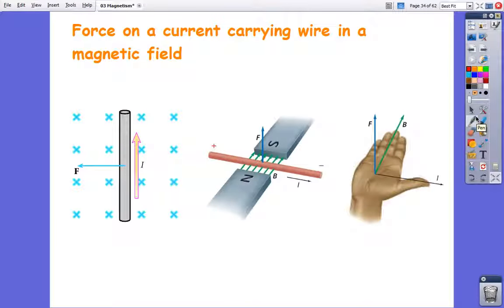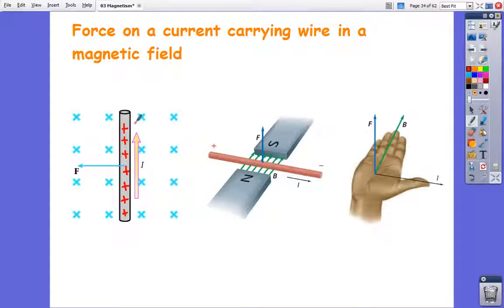As you know, current is actually moving charges. Moving charges over time is called current, so these charges will be affected by the magnetic field.